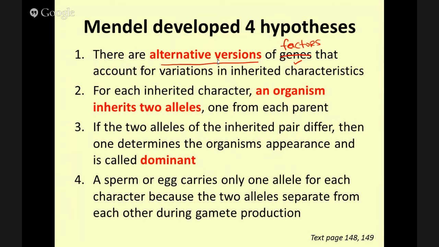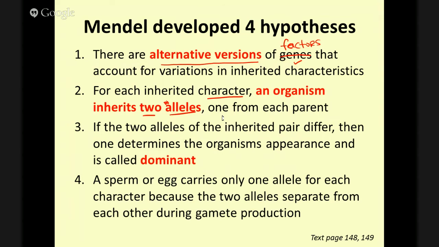But he did think that there were alternative factors that accounted for variations in inherited characteristics. And he thought that for each character, like pea shape or flower color, the pea inherited 2 alleles. Again, he didn't use the word alleles because he didn't know about those yet, but we would now call these versions of genes alleles.